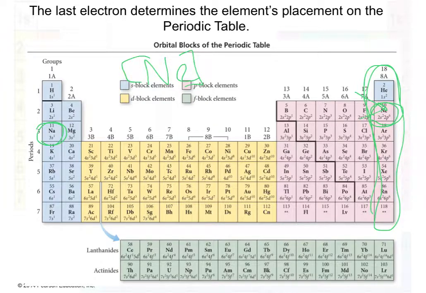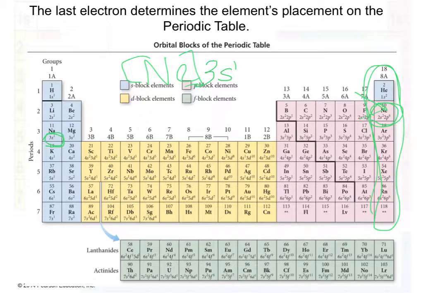Simply go to the next element and account for that electron. What do we call electrons that are placed right here? Well, those are the 3s1 electrons. So that tells us there's the shorthand for sodium.